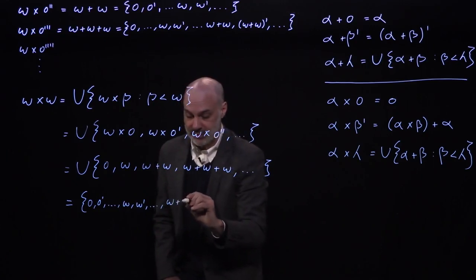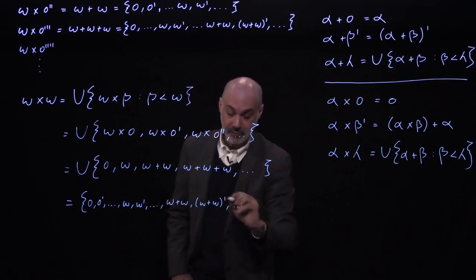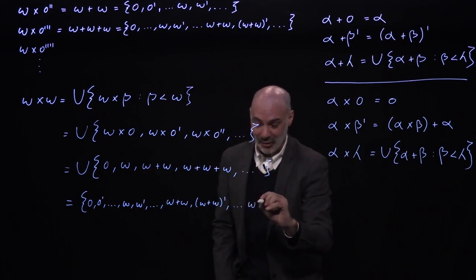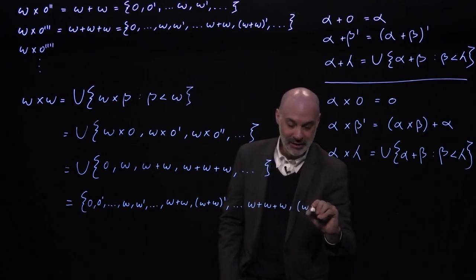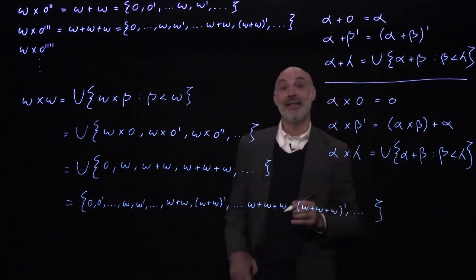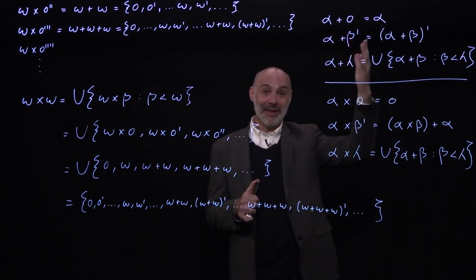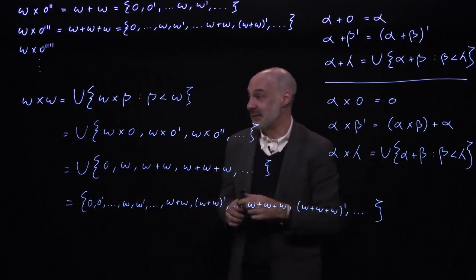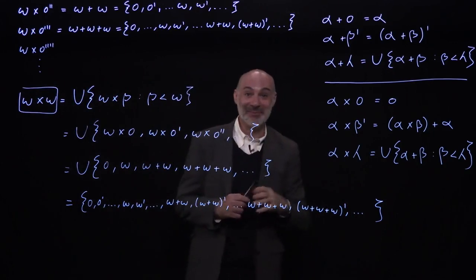And then omega plus omega, then omega plus omega prime, double prime, and so forth. And as we keep going, we're going to then add omega plus omega plus omega, then omega plus omega plus omega prime, and so forth. So we've now used our formal definitions of ordinal addition and multiplication to explicitly spell out what omega times omega is.